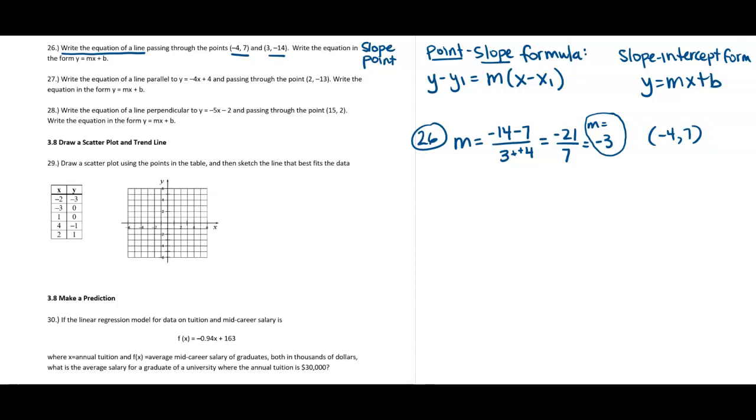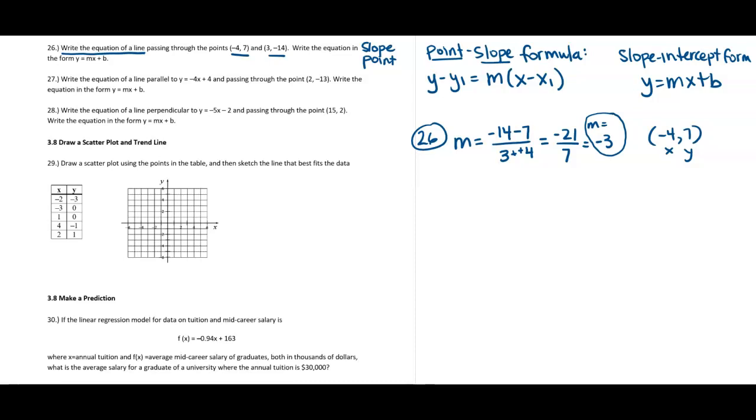So that's going to be our x and our y. If we use this slope-intercept form, we're just plugging in the negative 3 in place of m, the negative 4 in place of x, and the 7 in place of y, and then solving for b. So that was one way that we talked about it.